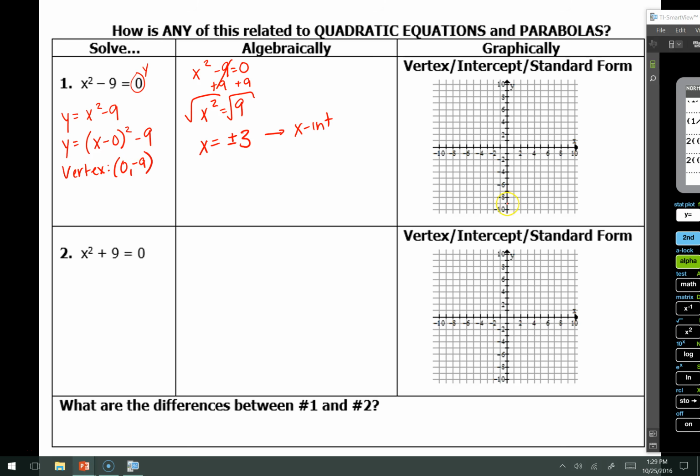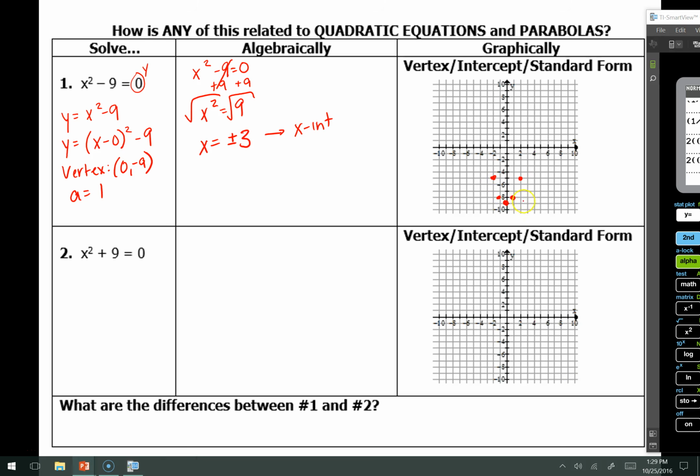So I'm going to go 0 down to negative 9. From there, if I follow the pattern, because my a value is equal to 1, it's the same as the parent function. So I'm going to go over 1 and then up 1 squared, over 2, up 2 squared, which is 1, 2, 3, 1, 2, 3, 4. And I'm going to do the mirror image of it on the other side.